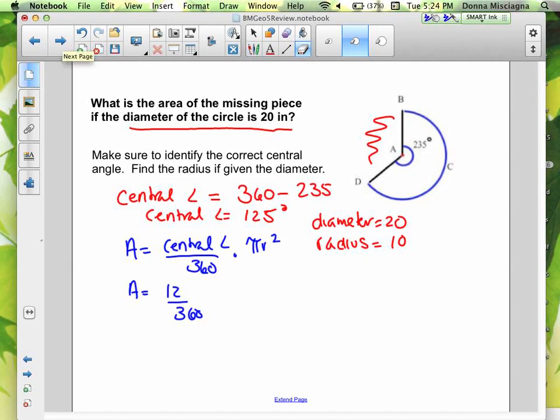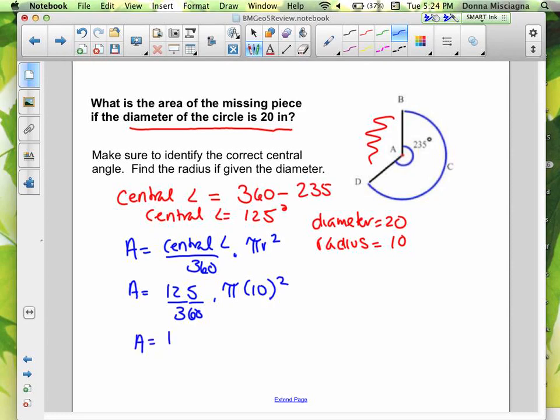Looks a little bit like an 8. Times pi times 10 squared. So we need to square the 10 first. So we have 125 over 360 times 100 pi. And you can put that over 1 to help keep everything in the right place.